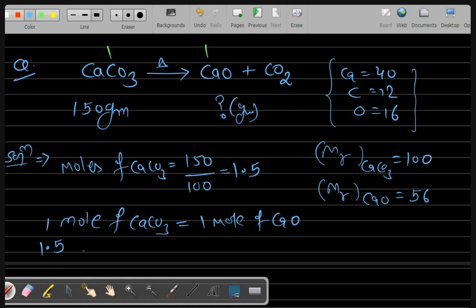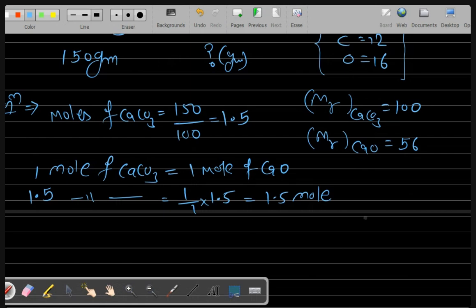For 1.5 moles, I write 1 divided by 1 multiplied by 1.5, which is 1.5 moles of calcium oxide. Now I can count the mass.